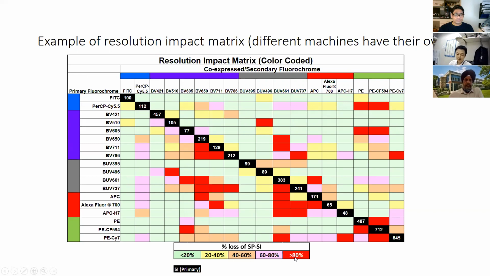The red color means these two colors, if used all together, will cause the stain index to lose more than 80%. That means your resolution will be totally messed up. The pink one will be between 60 and 80. The green one is the best, almost nothing lost.